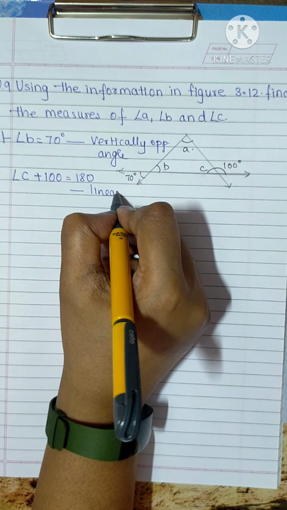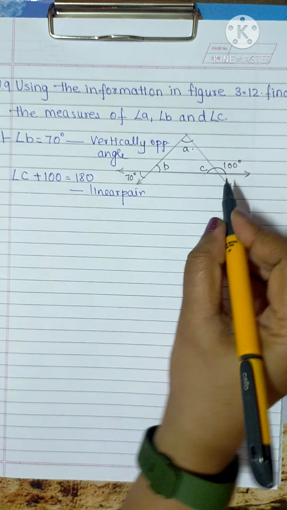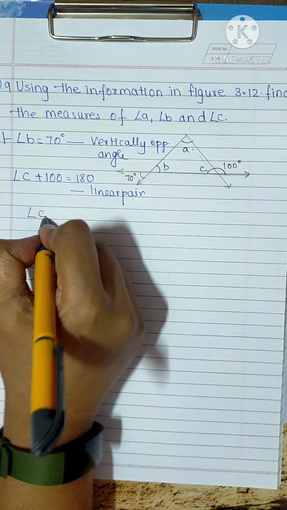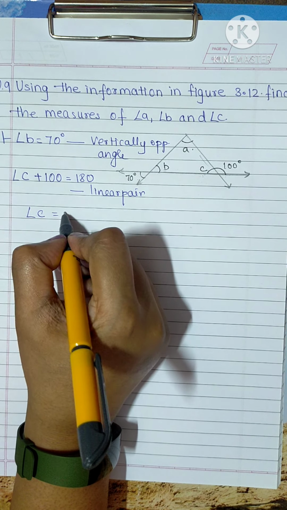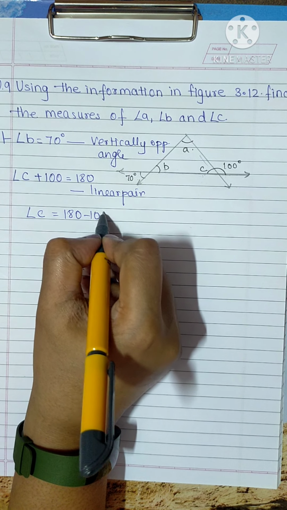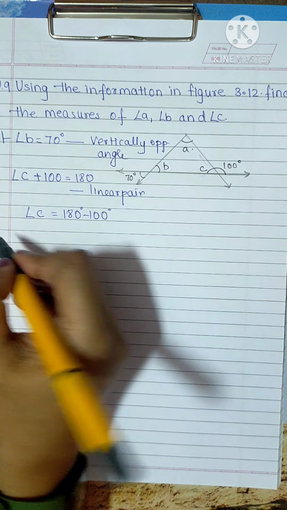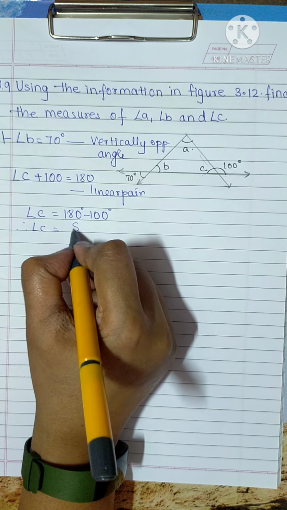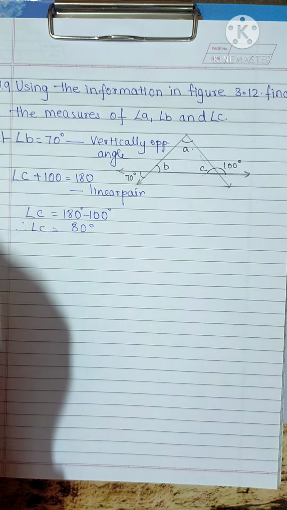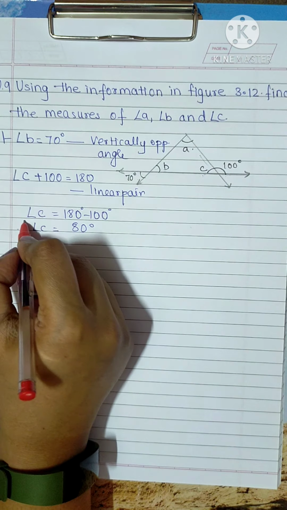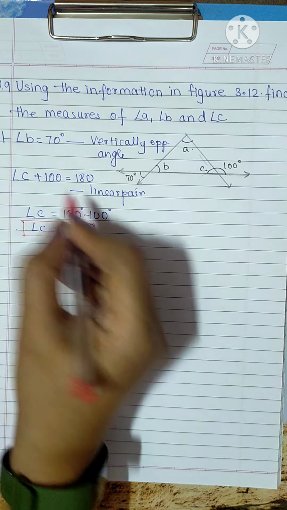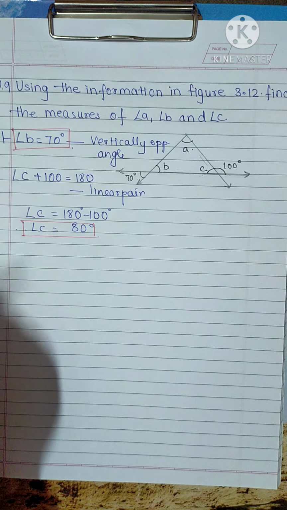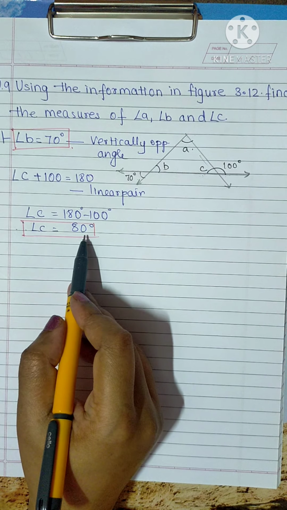Now angle C equal to 180 minus 100 degrees. So therefore angle C is equal to 80 degrees. First we got angle B as 70 degrees because of vertically opposite angles. Now angle C equal to 80 degrees.